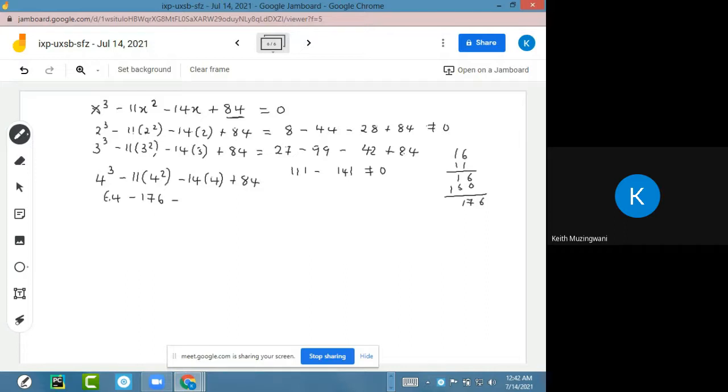Minus 14 by 4, that's 56, plus 84. So we add again 84 plus 64. This will give us 148. So we can see this is not 0.